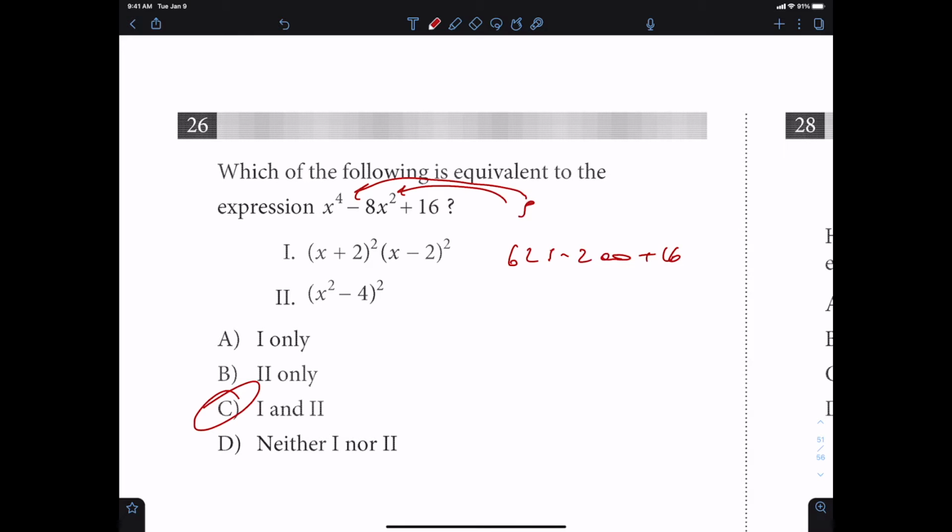So we're going to get 425 plus 16, plus 15. So that's going to be 441, right? If we plug 5 into here, we get 441. Now, if you plug 5 into here, and you do get 441, that means they are equivalent. And that is true for both of these, so the answer is going to be C.